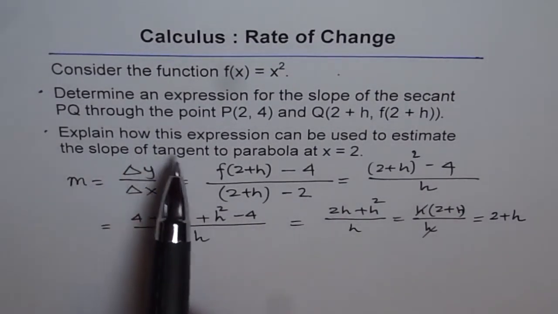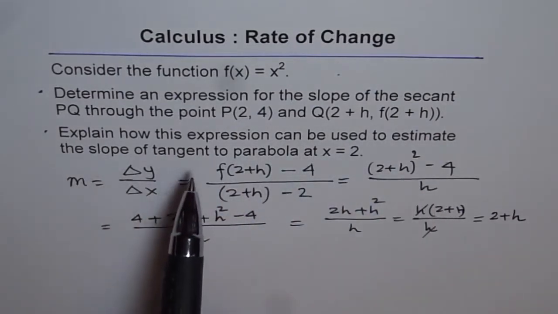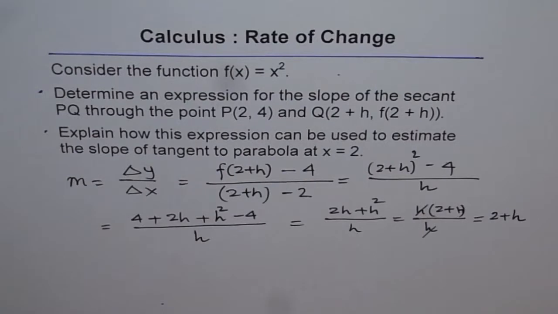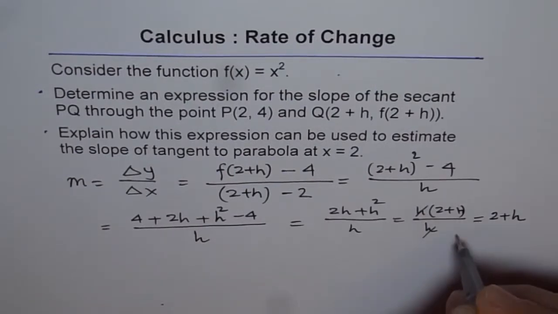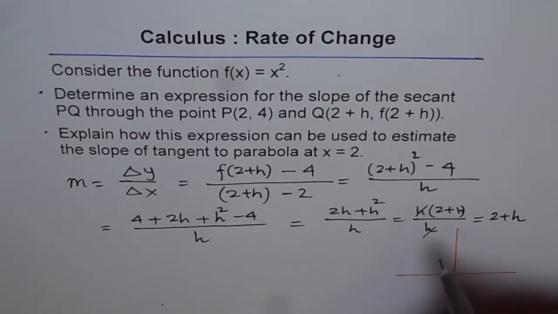Explain how this expression can be used to estimate the slope of the tangent to the parabola at x equals 2. For that, let me sketch a parabola here and show you the situation. So we could sketch it as x squared.